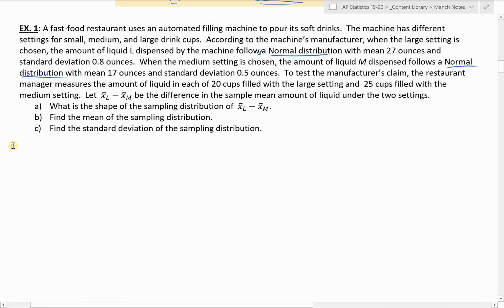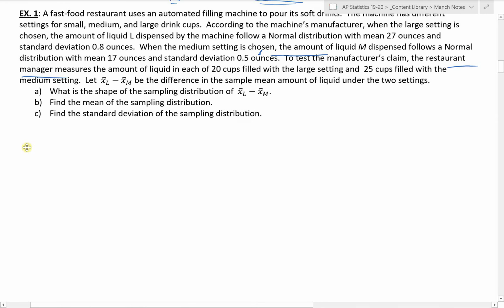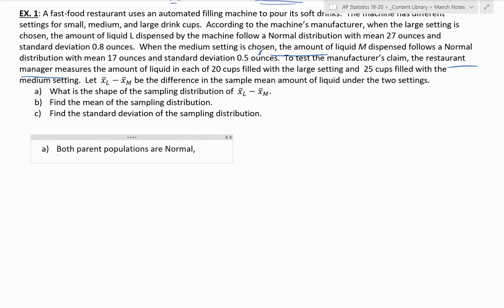So if we know that both parent populations have a normal distribution, then we know also that the sampling distribution of x bar L minus x bar M is also normal, right?